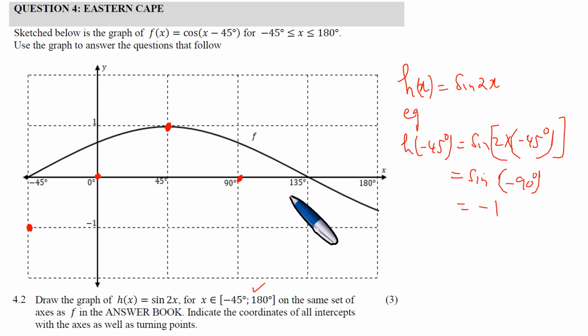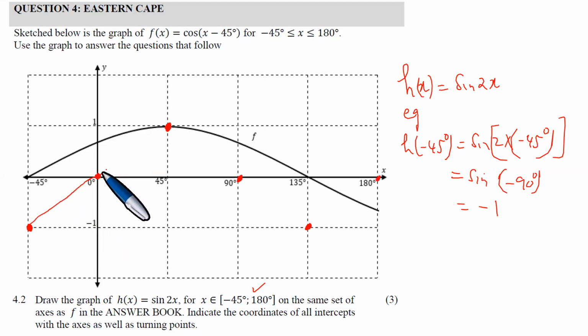The sine of 270 is exactly minus 1. Next, up to 180 degrees, 2 times this is 360, and the sine of 360 is exactly 0. Okay, so it remains to just join the points.